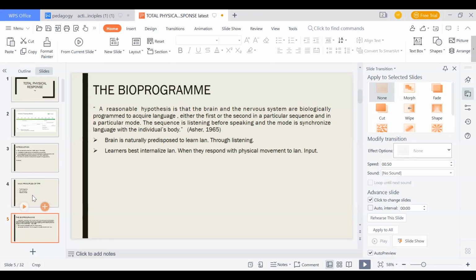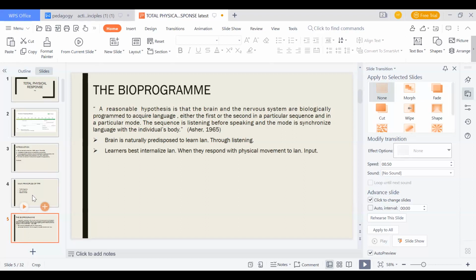Second one is human beings listen and then engage or respond to that language physically first, before they speak. This is actually noticed or observed in young learners by James Asher.